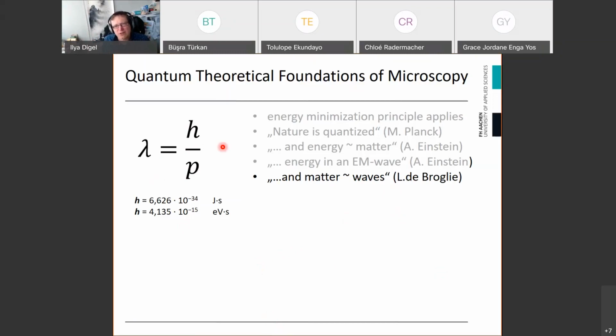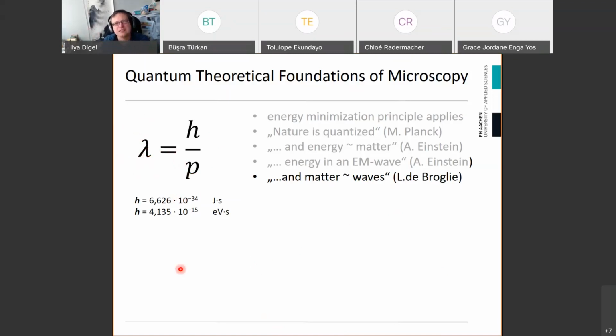As is also obvious from this equation, the smaller the particles are, the larger will be the wavelength. Or I should say it better, the smaller the momentum of motion of the particle is, the larger will be the corresponding wavelength.